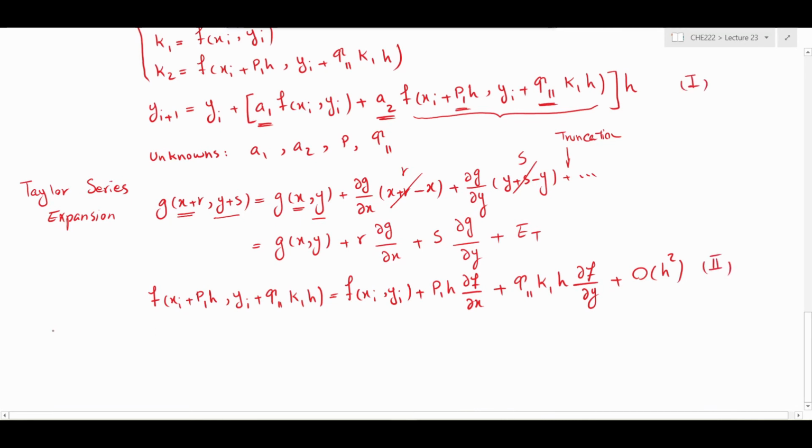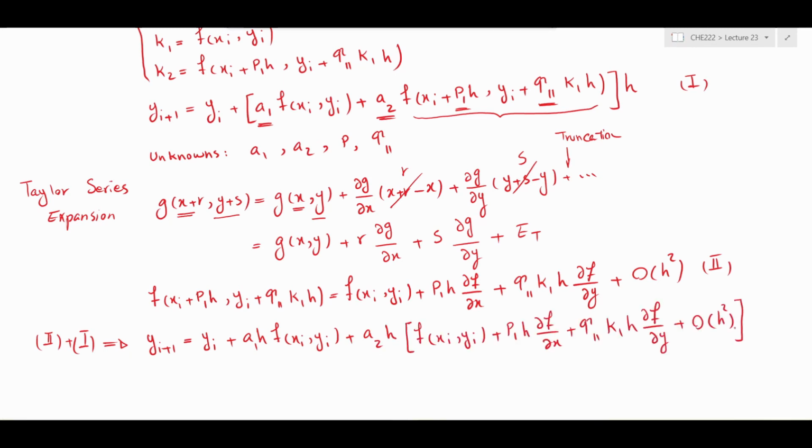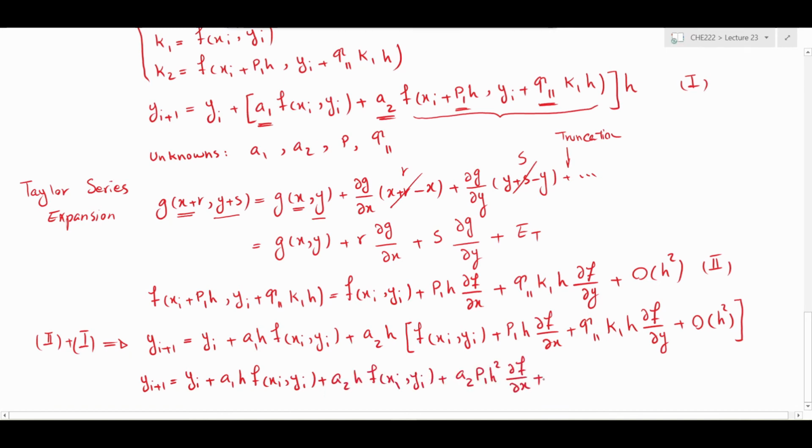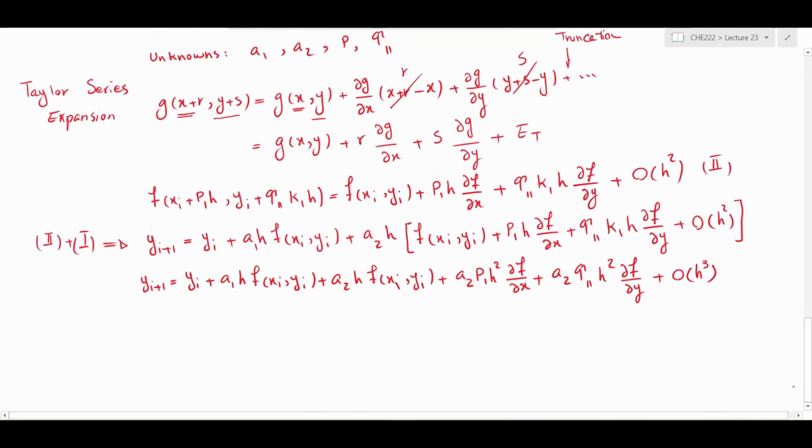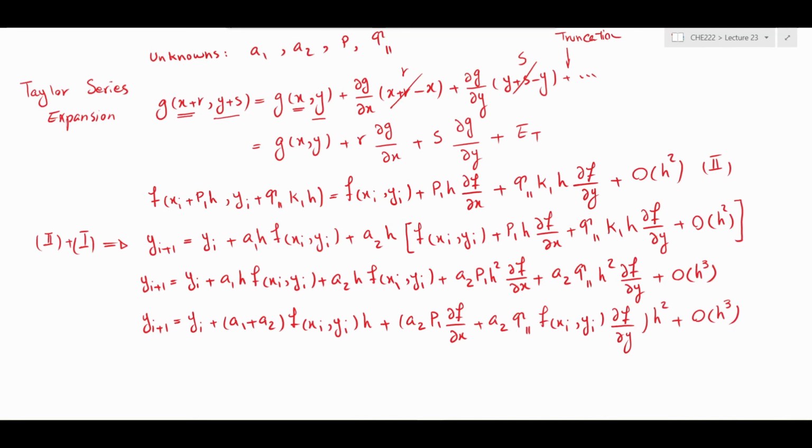And then I put equation 2 into equation 1, which results in, and now if I expand this, I will have, and finally I will just factor some of the terms here, and I rewrite yi plus 1 as, and I'm going to call this equation number 3.